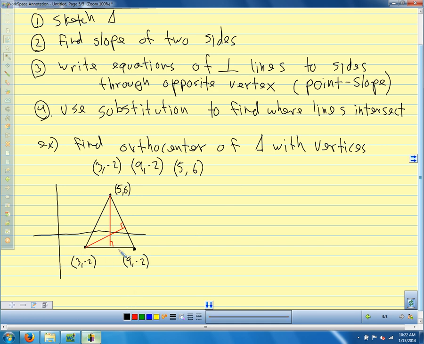All right, what kind of line goes between (3, -2) and (9, -2)? What would we call that line? It doesn't change in the y direction. It doesn't go up. So what's the slope of that line?